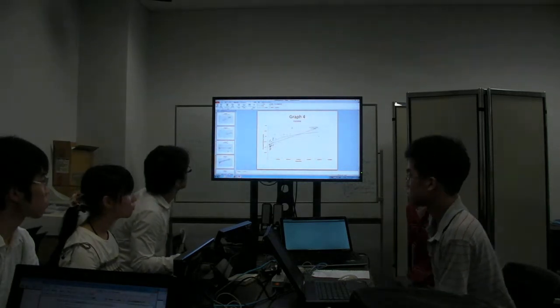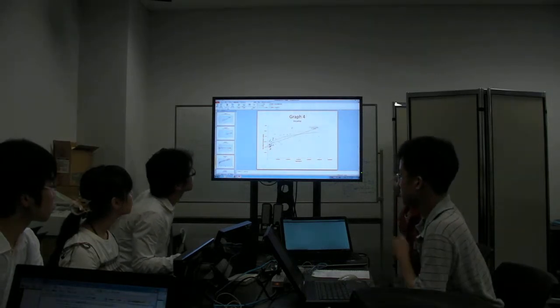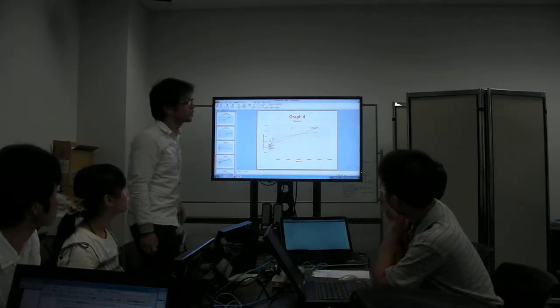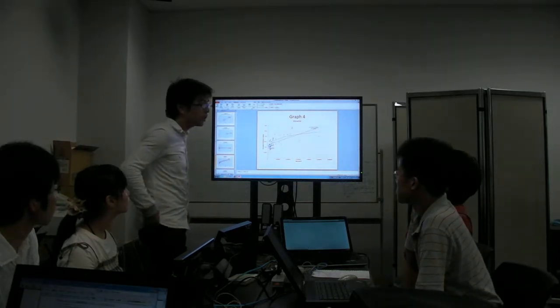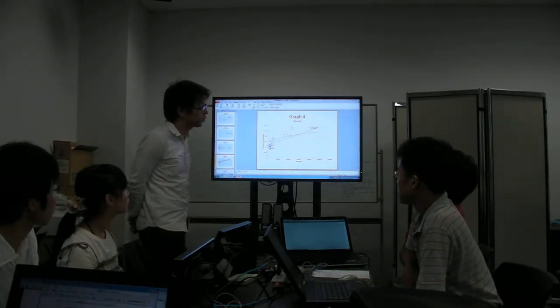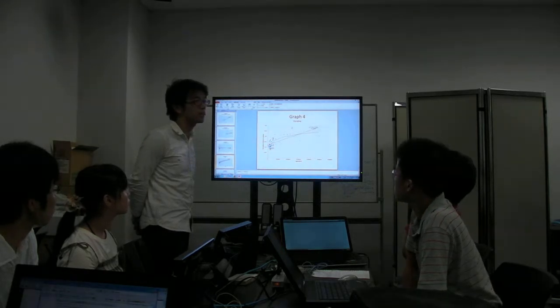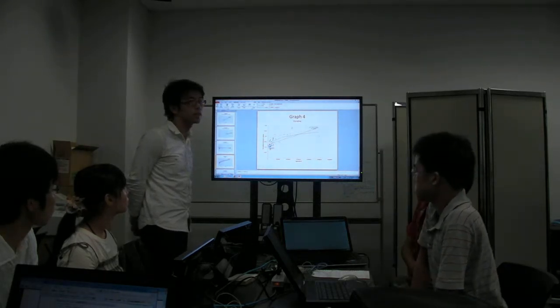At first, we were surprised at this result. That's because at first we thought that the more income people get, the fewer criminals can be seen.